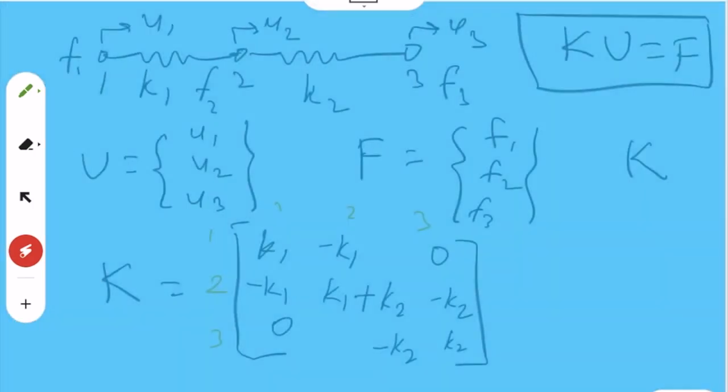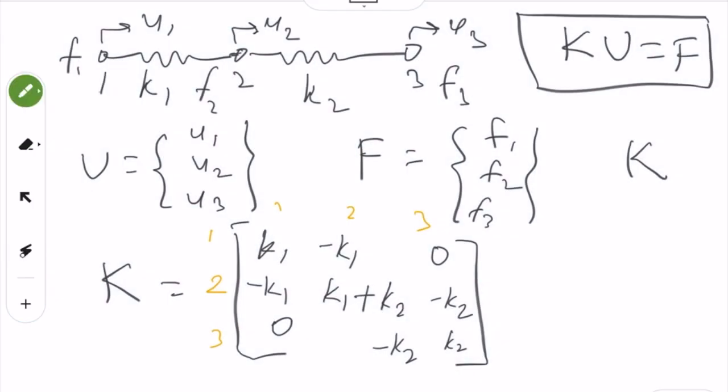Same thing actually we have done here. This one is for the first element, and this one for the second one, and since K1 comes here and K2 also comes here, you have to add them together, hence you have added.